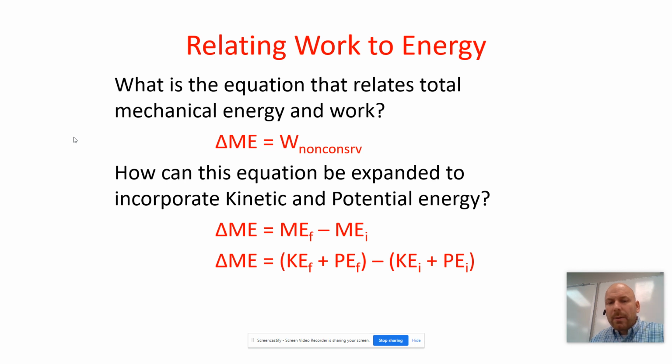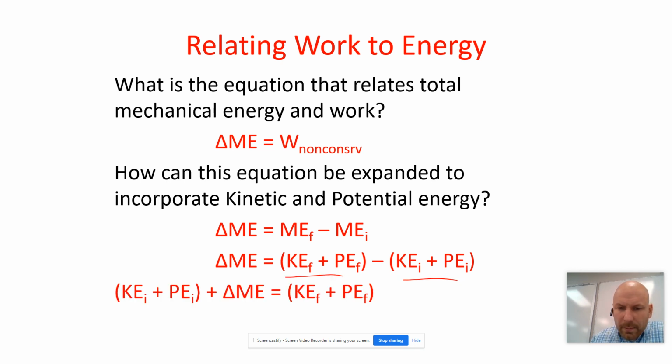So the final mechanical energy is equal to kinetic energy plus potential energy. Okay, so the sum of those two minus the initial mechanical energy, which is the sum of kinetic plus potential. So we're going to take this side and bring it over because we're going to get rid of this negative sign.